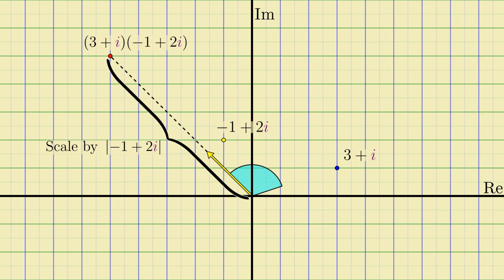For example, multiplying the complex number 3 plus i by -1 plus 2i produces -5 plus 5i, which is what you get by rotating 3 plus i by the angle -1 plus 2i makes with the positive real axis, and then scaling it up by the absolute value of -1 plus 2i, which is square root of 5 in this case. This is the key geometric interpretation of complex number multiplication.